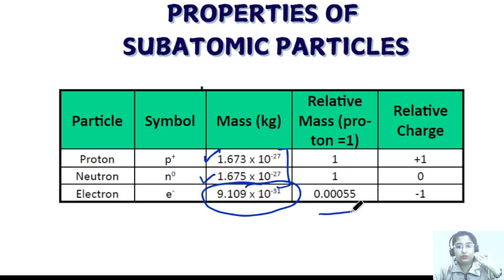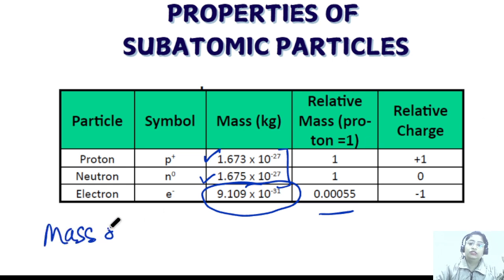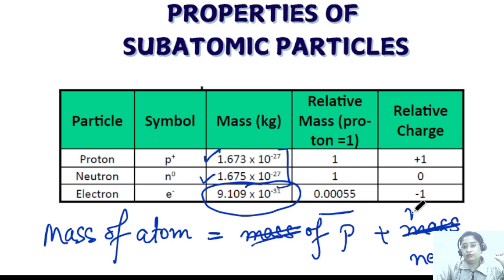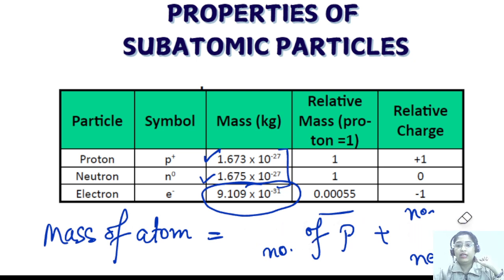But basically, now we know how to calculate the mass of an atom: it is equal to the number of protons plus the number of neutrons. That is going to be the mass of an atom. I hope this is clear to all of you.